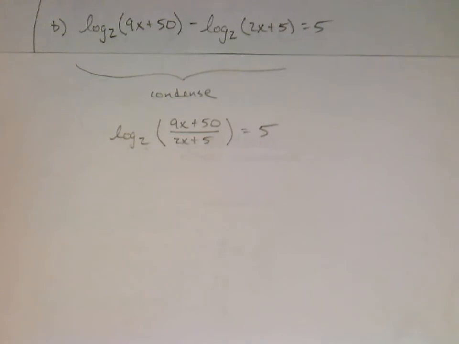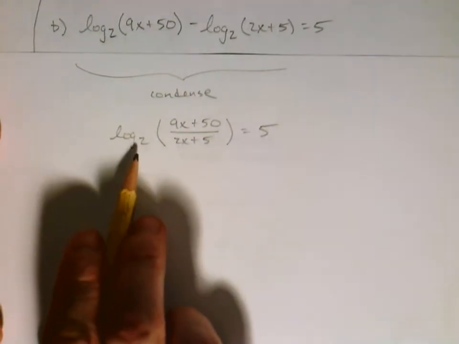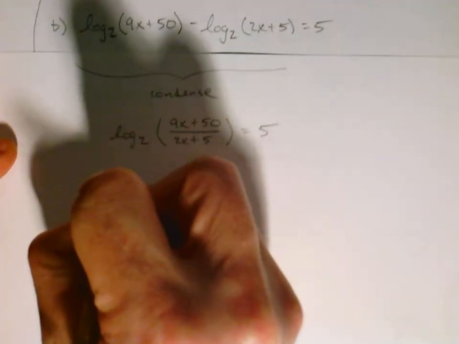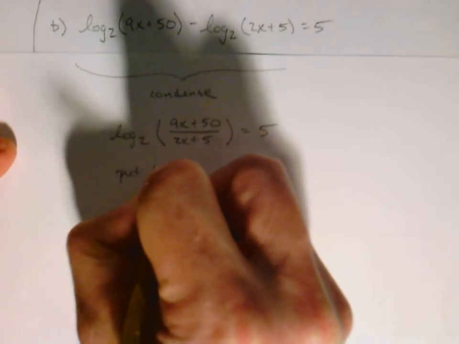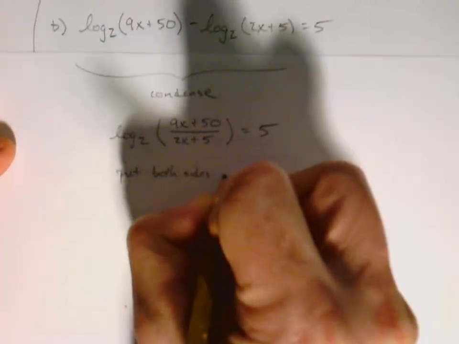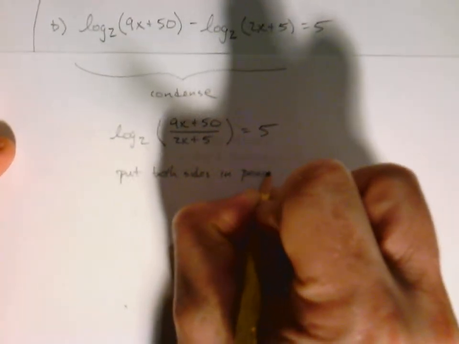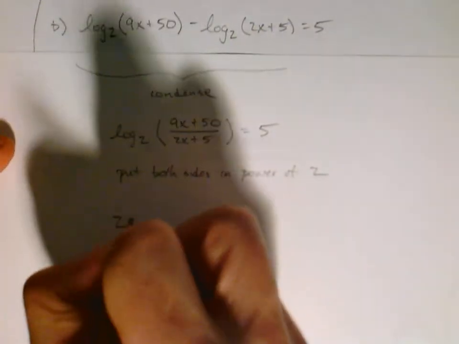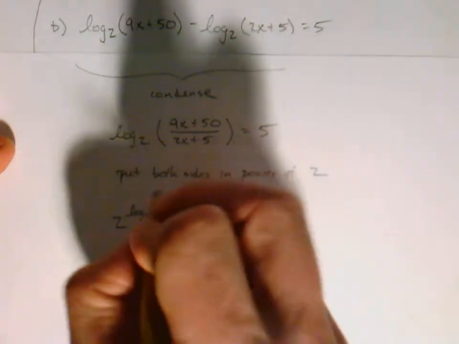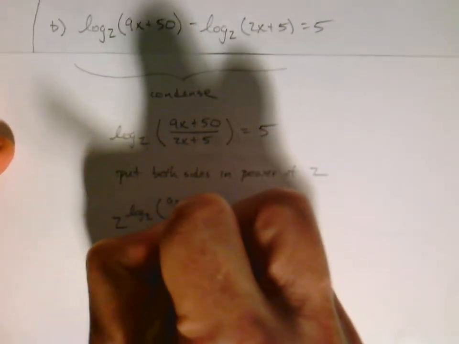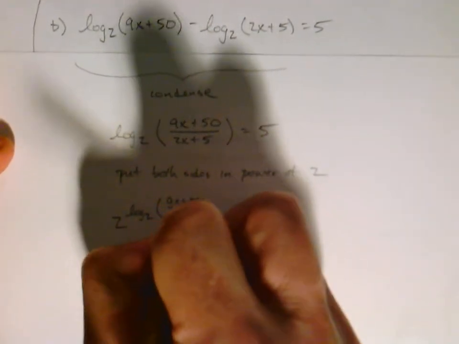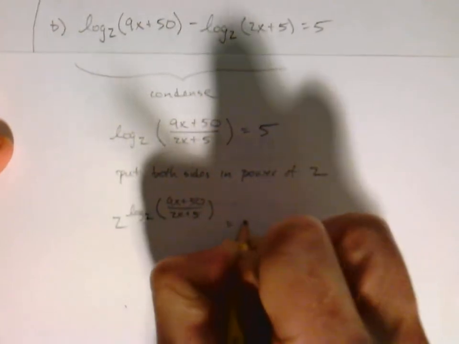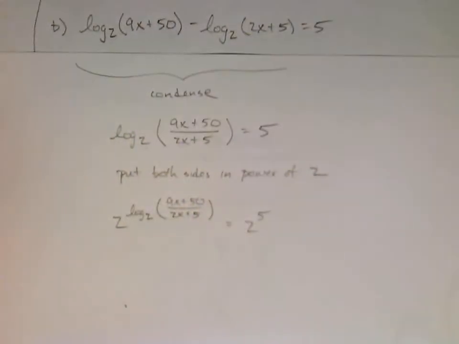Okay. Then what? I've got a log base 2, so I'm going to put both sides in the power of 2. 2 raised to all of this over here, and 2 raised to the 5th.